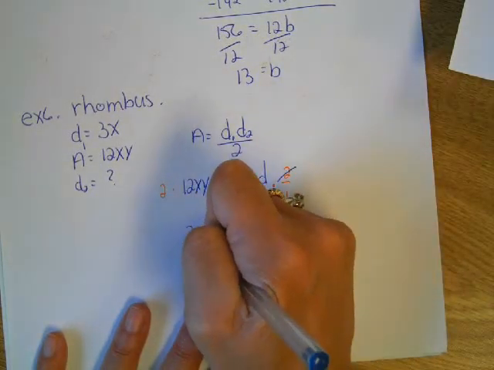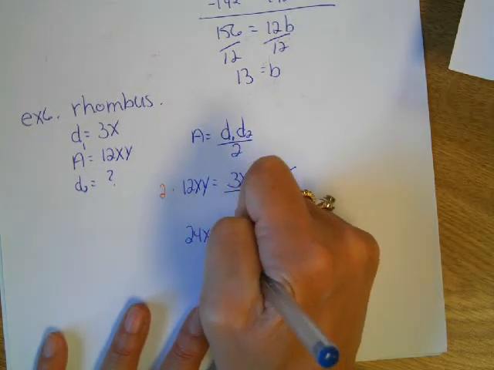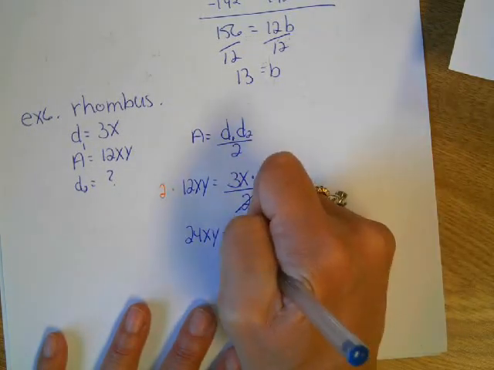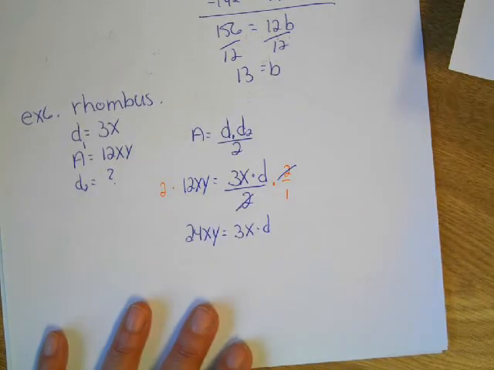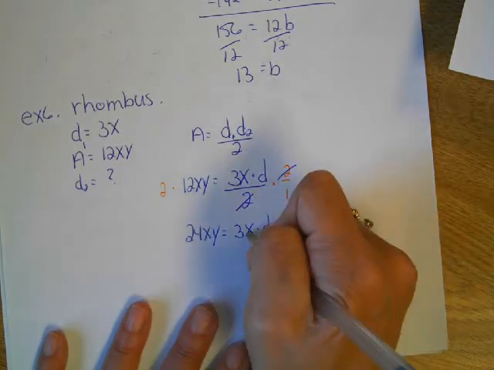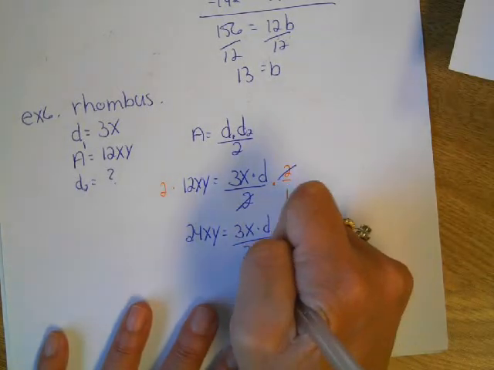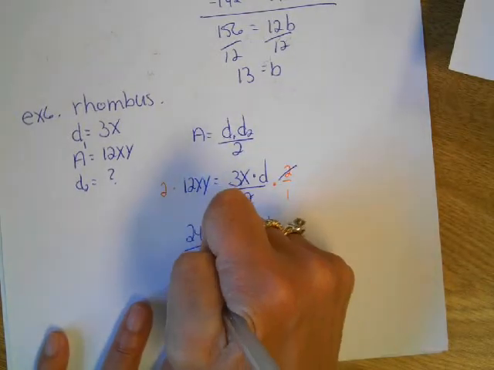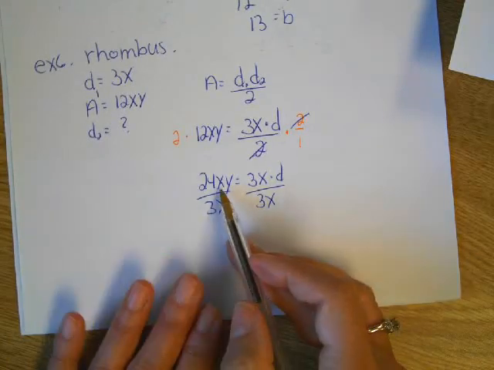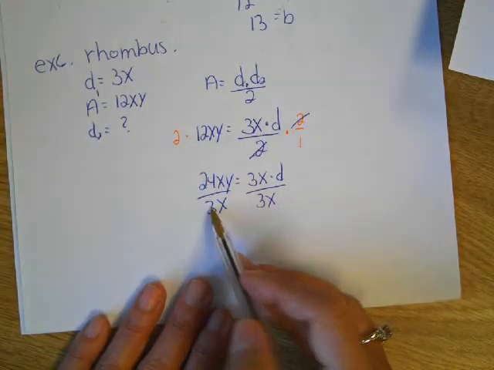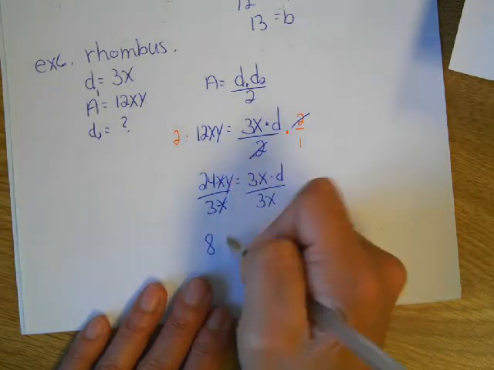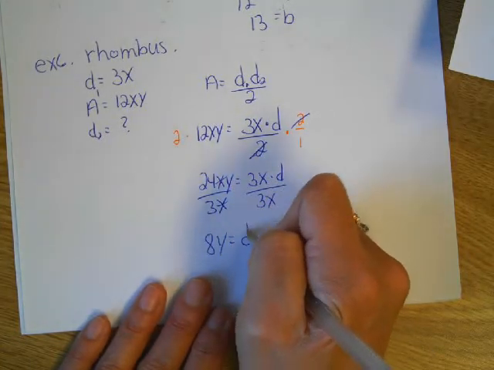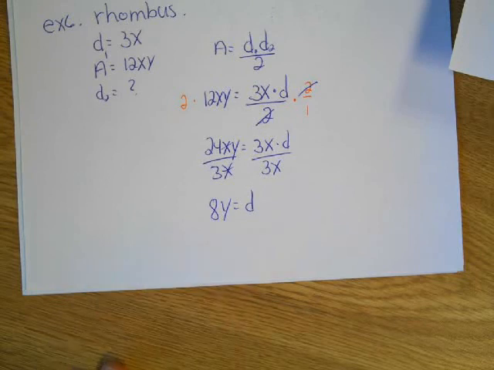Over here, 24xy equals 3x times d. Divide by the 3x because you want to solve for the d. So over here, the 24 will divide by 3 and leave you with 8. The x's are going to cancel each other out, and you still have the y hanging around. So that missing diagonal is 8y.